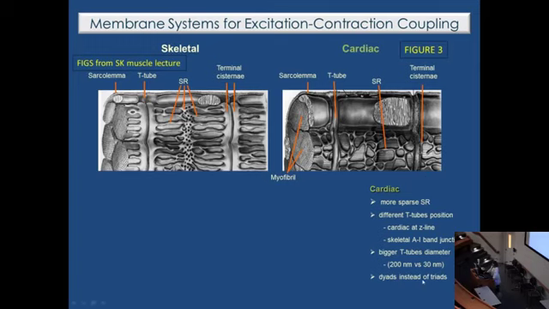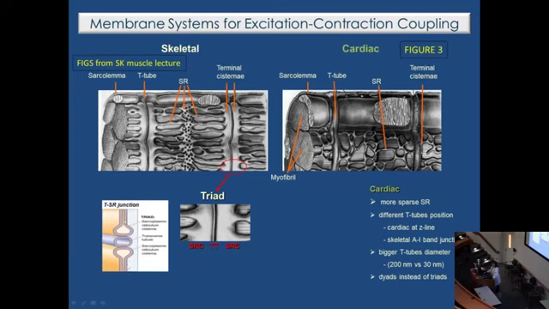Another main difference is the presence of dyads in cardiac compared to triads. Remember, for a skeletal muscle, a triad is formed by two sarcoplasmic reticulum cisterna in close proximity to the T-tubule membrane. And actually, I used this cartoon, remember, to show you a different view, right? This is more transversal compared to the longitudinal view.